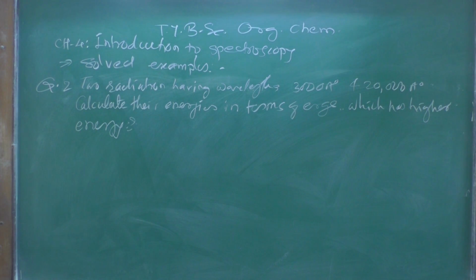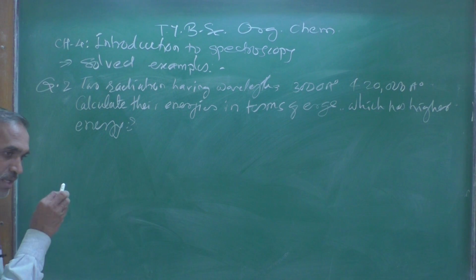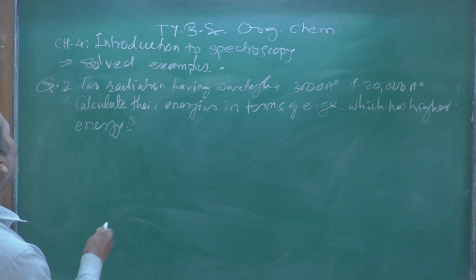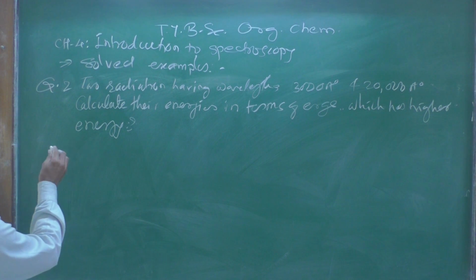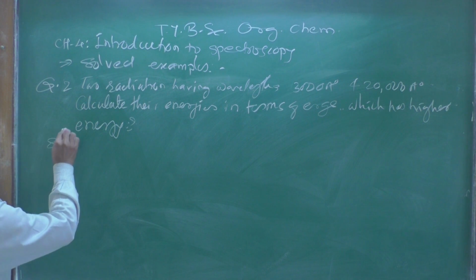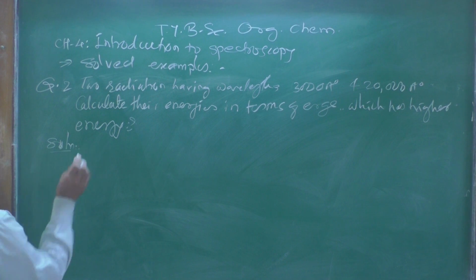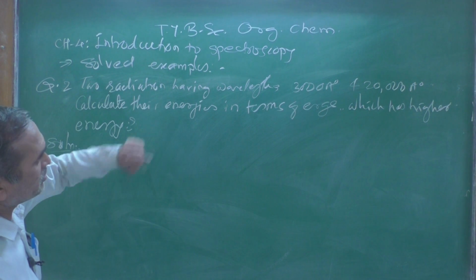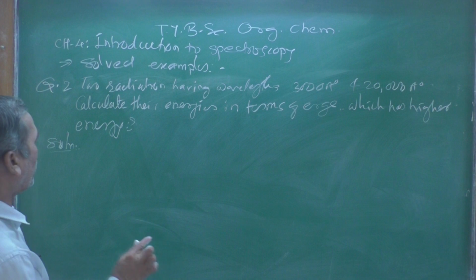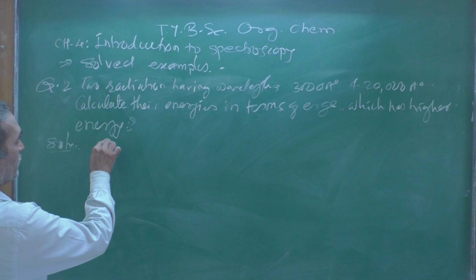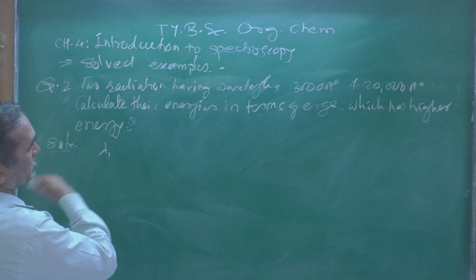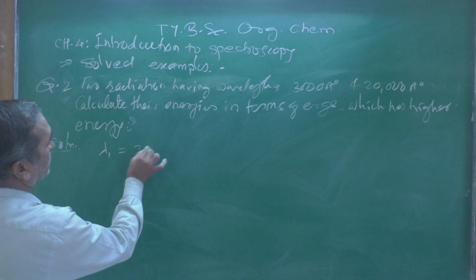Even though this problem looks very simple, it depends on knowing the basic thing. Let us see the solution. What are the things given? Two radiations having wavelength, means lambda 1 is given how much?